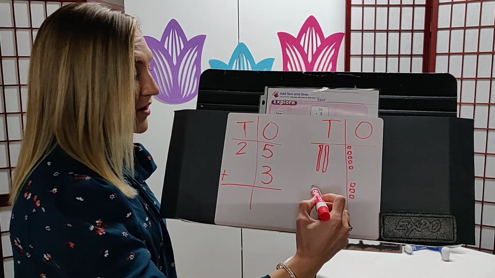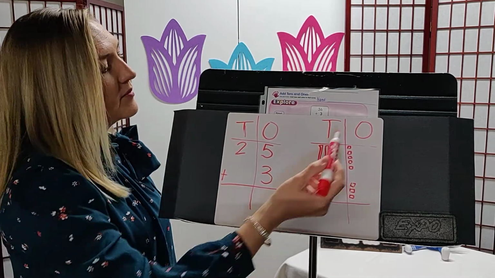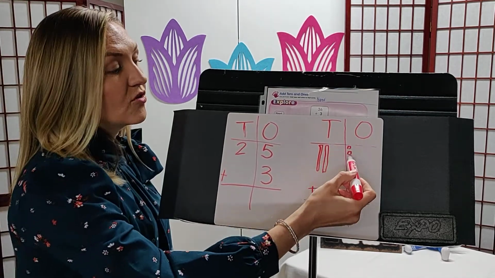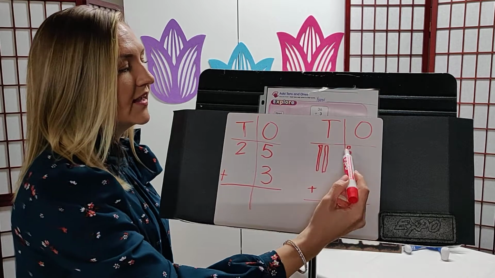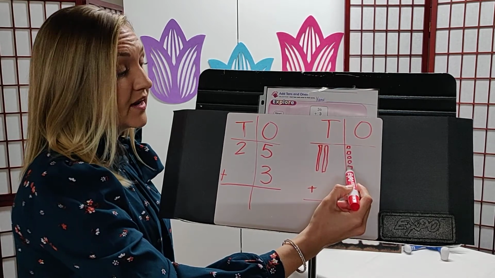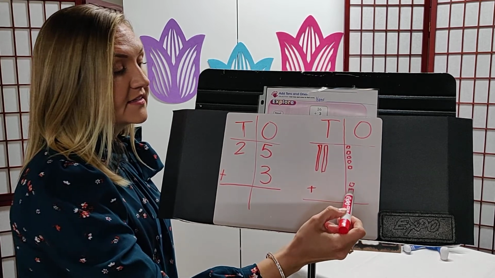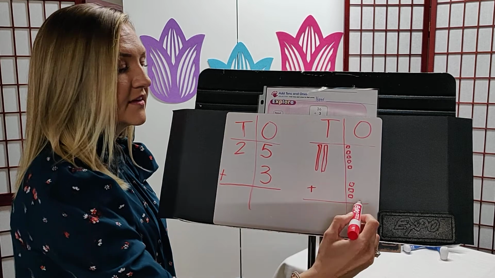This time I'm going to add and use my blocks to help me out. I'm going to start in my ones column and count all the ones blocks. Let's go ahead and count. I know this is a group of 5, so then I'm going to count on from there. 5, 6, 7, 8.